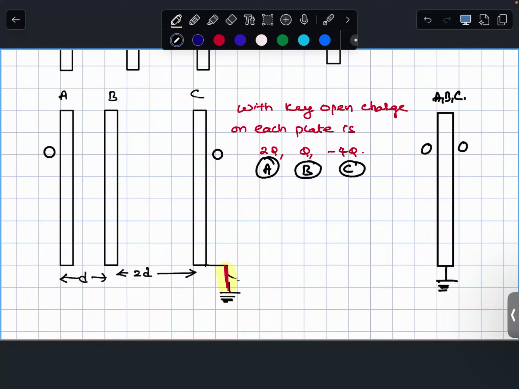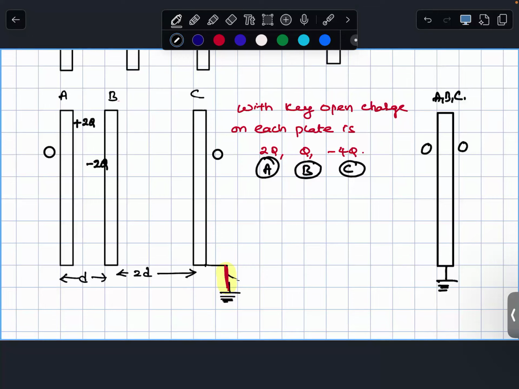But still plate A is isolated. So let me see how to conserve the charge. Very simple. You will have plus 2q charge here, and you will have minus 2q charge here.